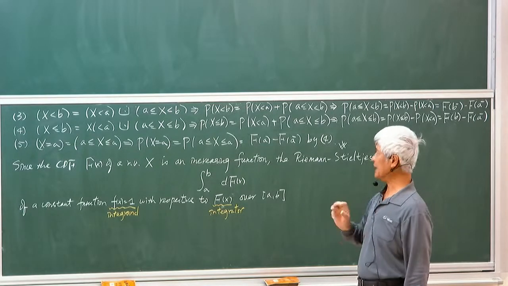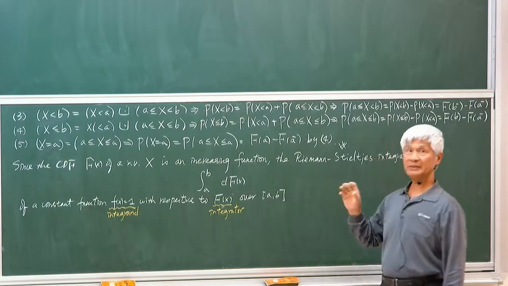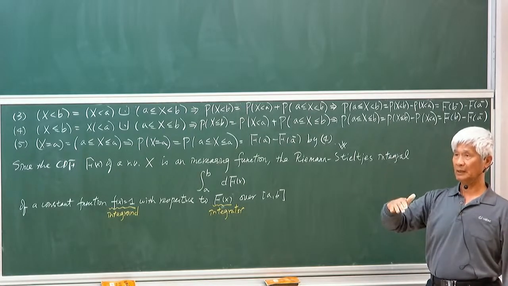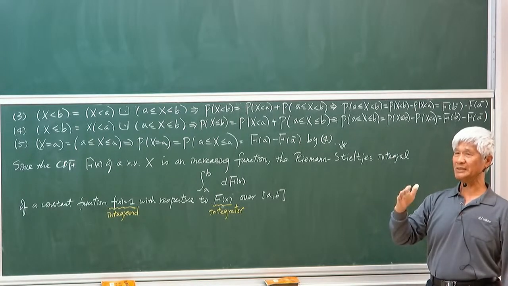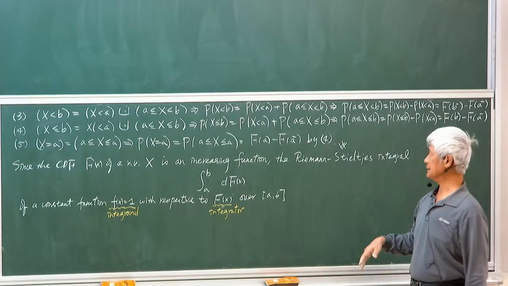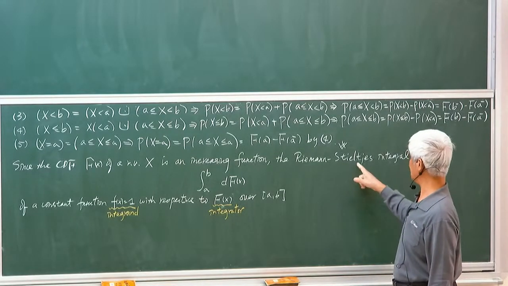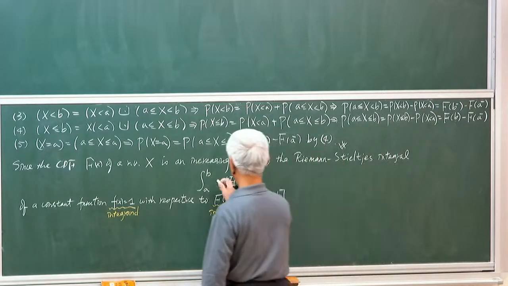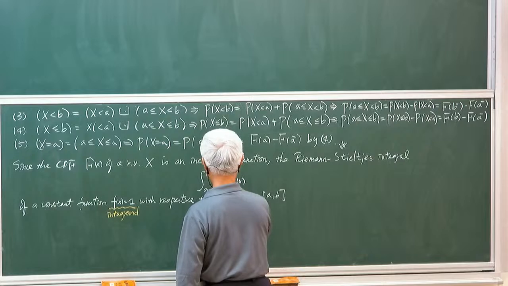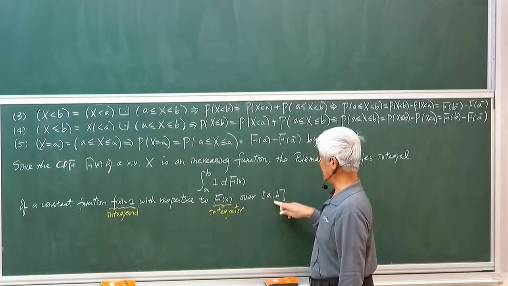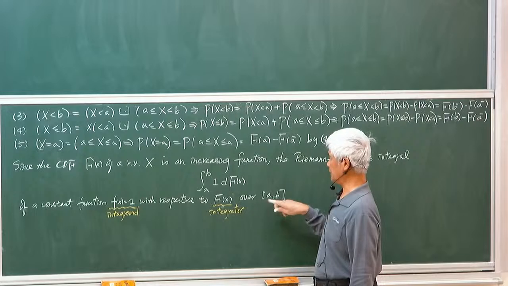I will start from the Riemann-Stieltjes sum, just like the Riemann sum when you study calculus 1, and then develop the concept of Riemann-Stieltjes integrals. Here the integrand is 1, and the integration interval is this finite closed interval from a to b.